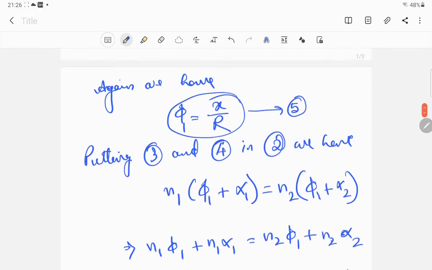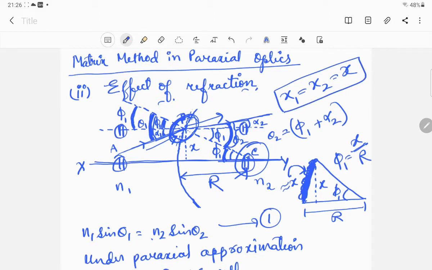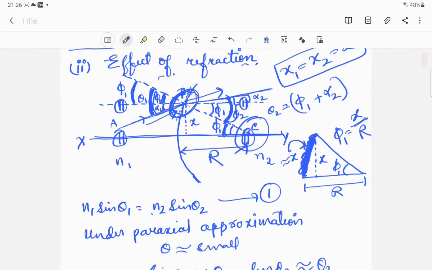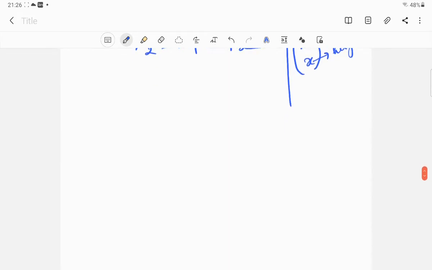Now let us go back to the diagram. You see the refraction is happening at the point P. If you consider the incoming ray, the height of the ray is x. If you consider the outgoing ray, the height of the ray is x. That means x1 is equal to x2 equal to x, isn't it? So when the refraction is occurring, the height of the ray of light is not changing.